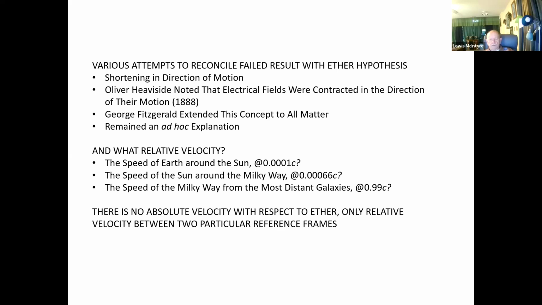Besides the Earth around the Sun, the fastest known speed in 1887, the Sun moves around the Milky Way 6 times faster. And our speed with respect to the farthest galaxies is near to the speed of light itself. Which relative velocity affects our space and time, which we cannot detect?